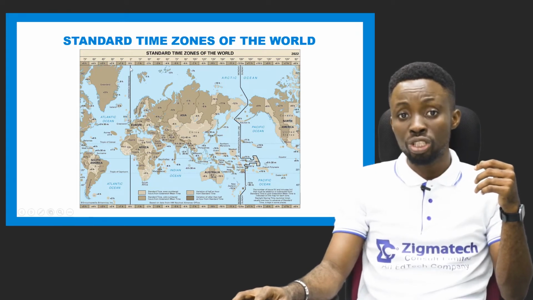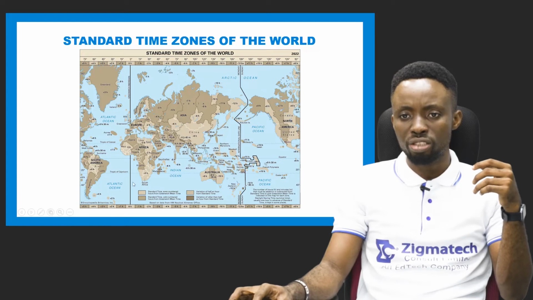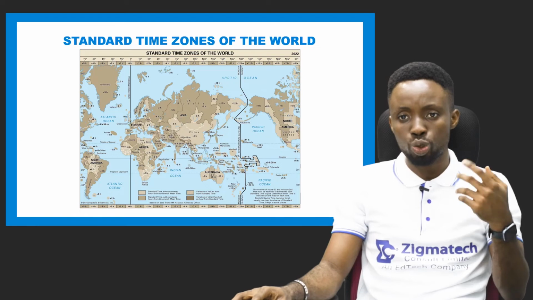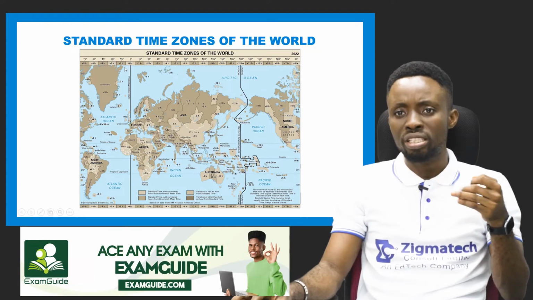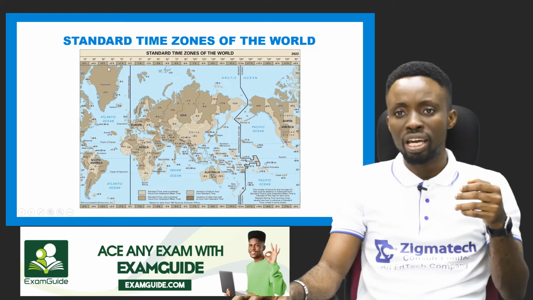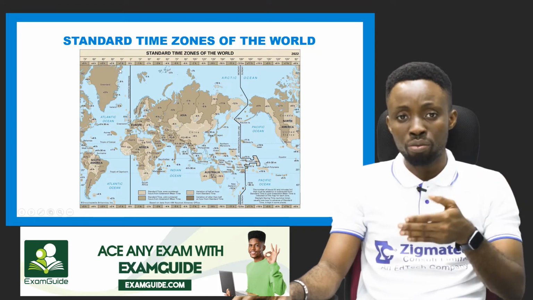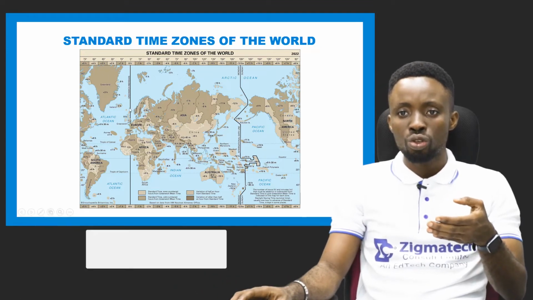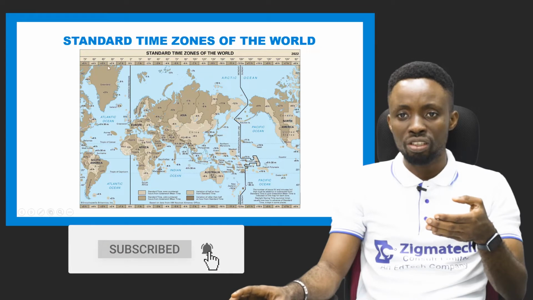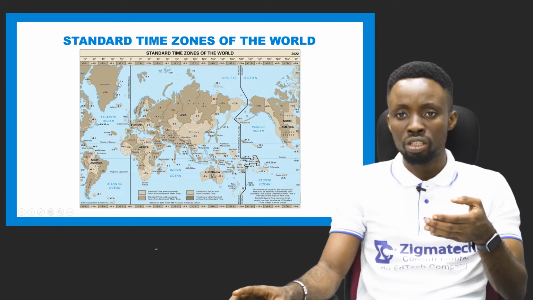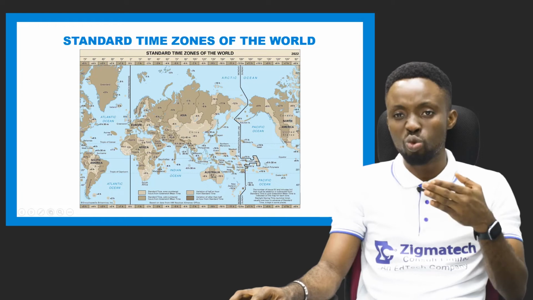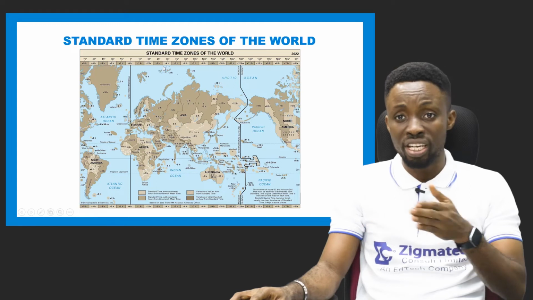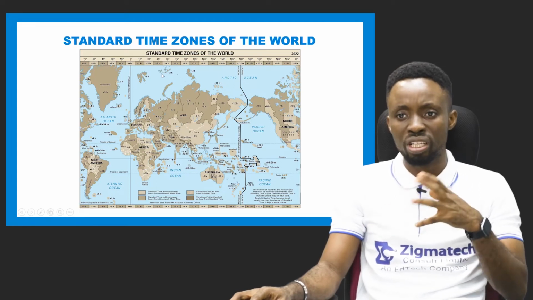Then we have the Greenwich Meridian here, and the Greenwich Meridian actually makes use of the Greenwich Meridian time, which we are going to look at in this lesson. So as you can see, countries on the left have a positive standard time. That's to say that they are behind the Greenwich Meridian. So to get the time of that place with reference to the Greenwich Meridian, we observe these values +1, +2, +3, +4, +5, and we observe these other values on the right-hand side as -1, -2, -3, and so on.